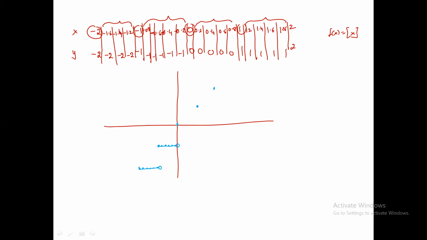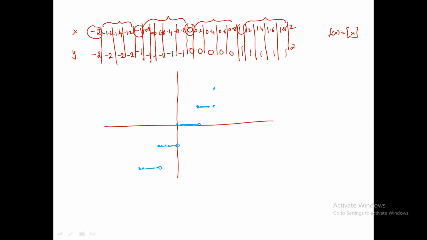Next, you will start at 0, 0.2, 0.4, 0.6, 0.8. Like this, you will take until 1, but you will not take 1. Because 1 will start here, 1.2, 1.4, 1.6, 1.8.